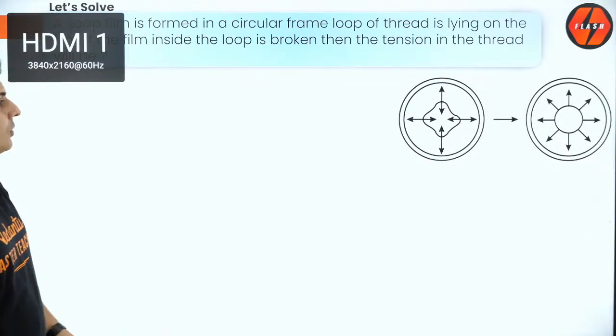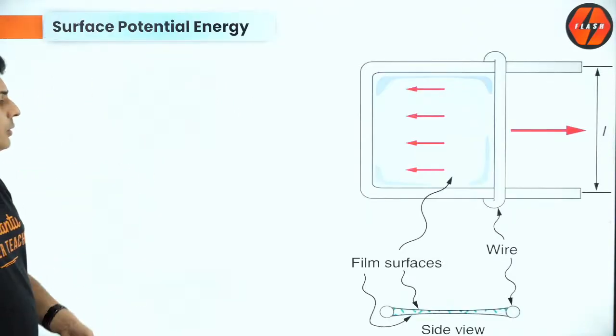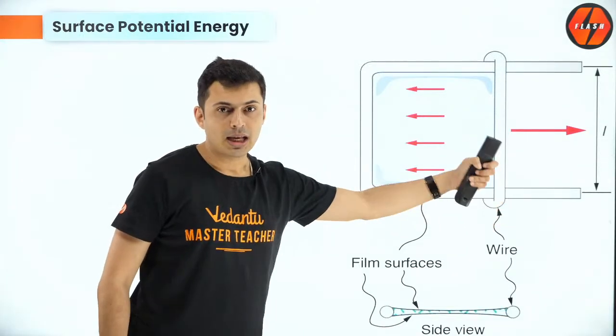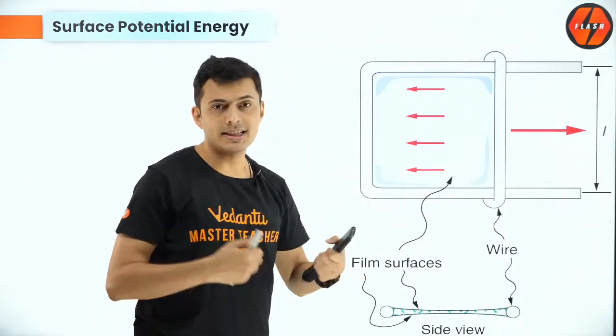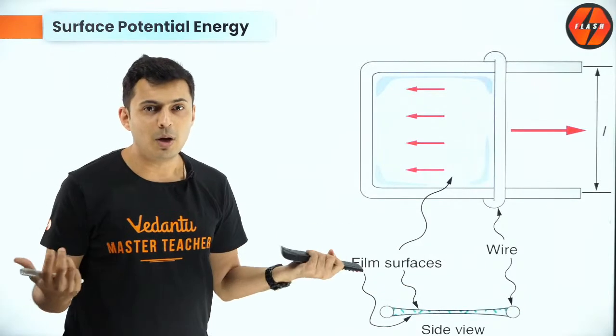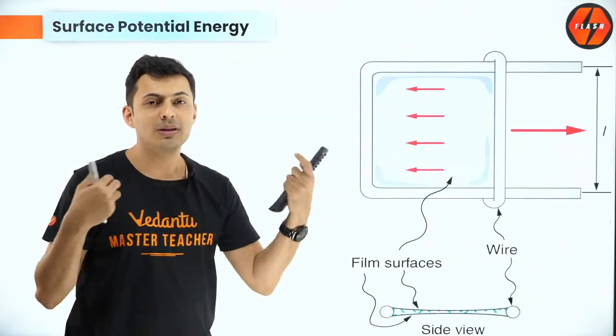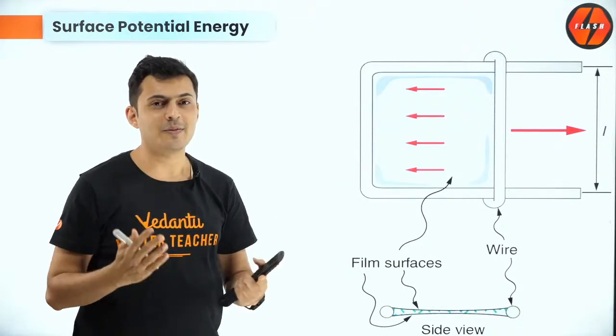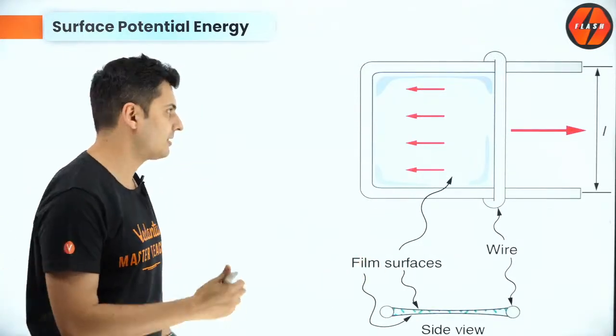Okay, so we just solved that. Now let's talk about potential energy. Whenever you pull any surface and stretch it, a lot of molecules come onto the surface. These molecules are very unhappy, unsatisfied, so I can say the surface potential energy increases.